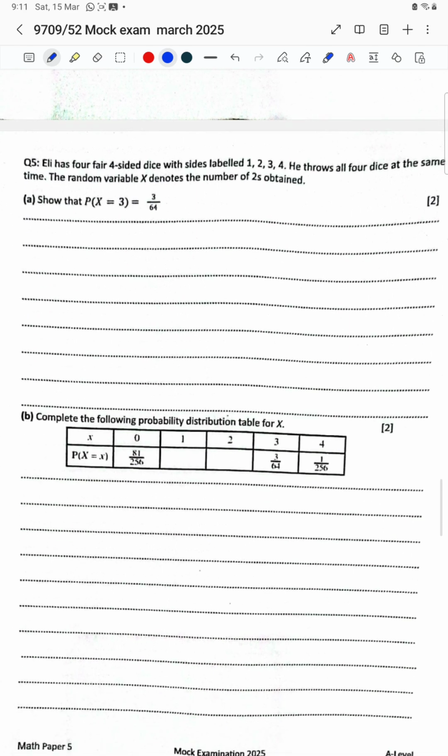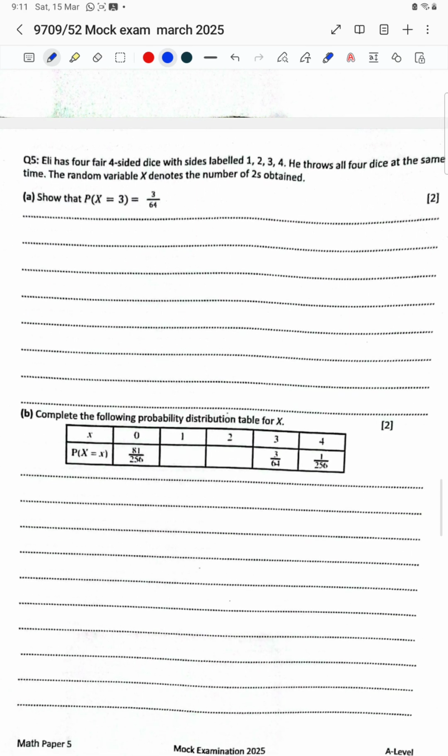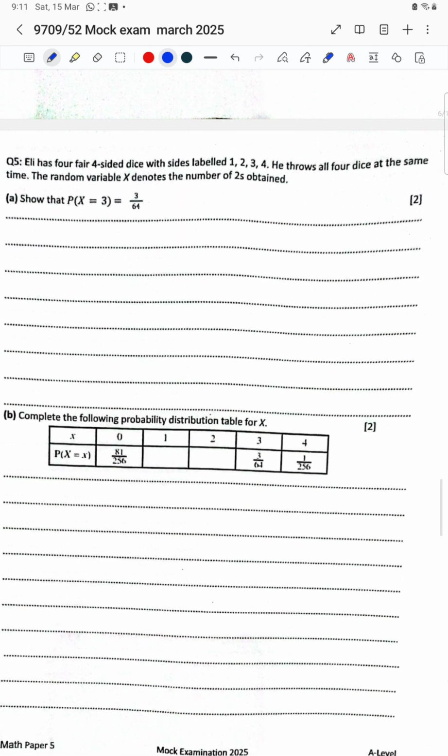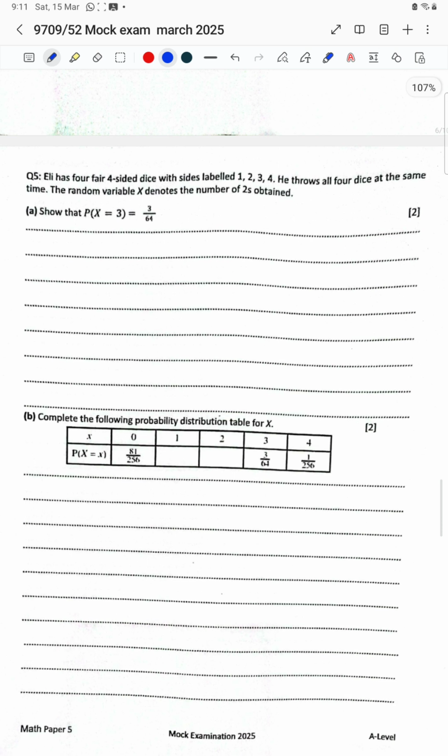Question number 5. Ili has a 4-sided dice with the sides labelled 1, 2, 3, 4. He throws all 4 dice at the same time. The random variable X denotes the number of twos obtained.